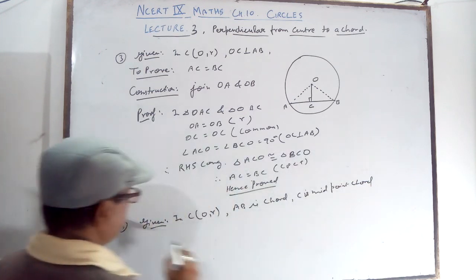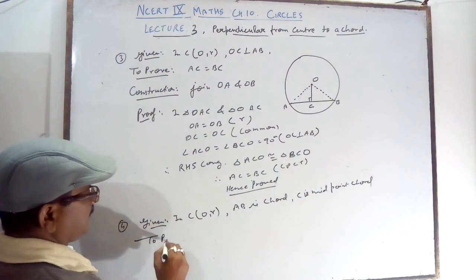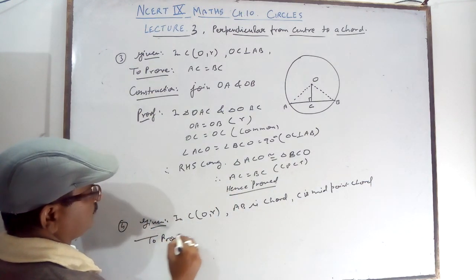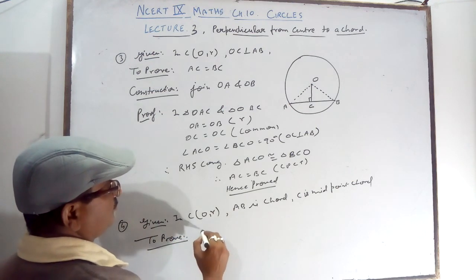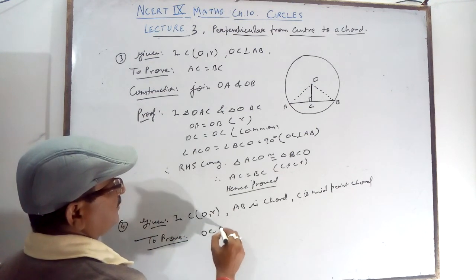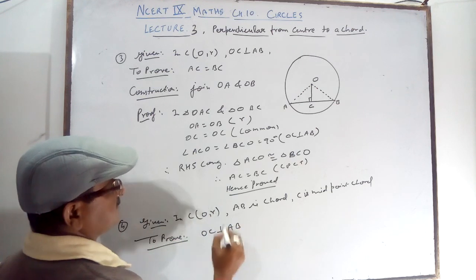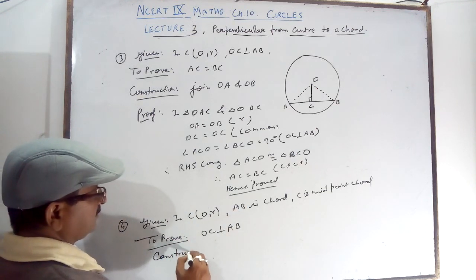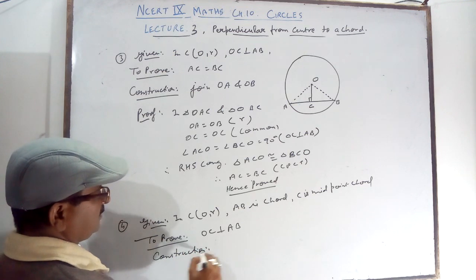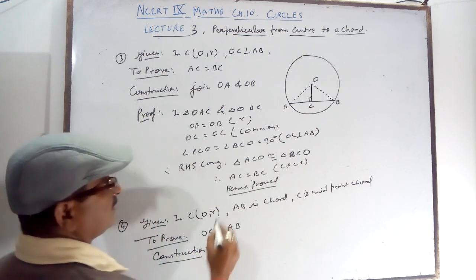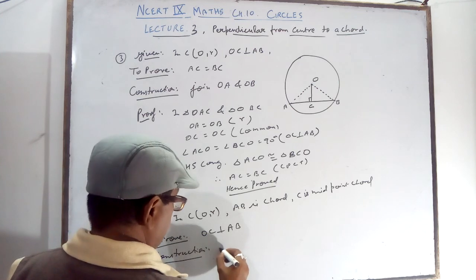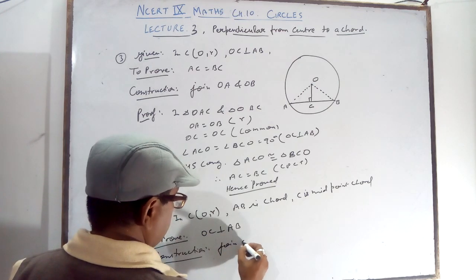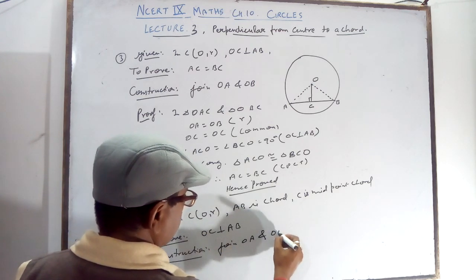It is given. To prove: OC is perpendicular to AB, which means the angle is 90 degrees. For the proof there is again a construction. What is the construction? Join OA and OB.